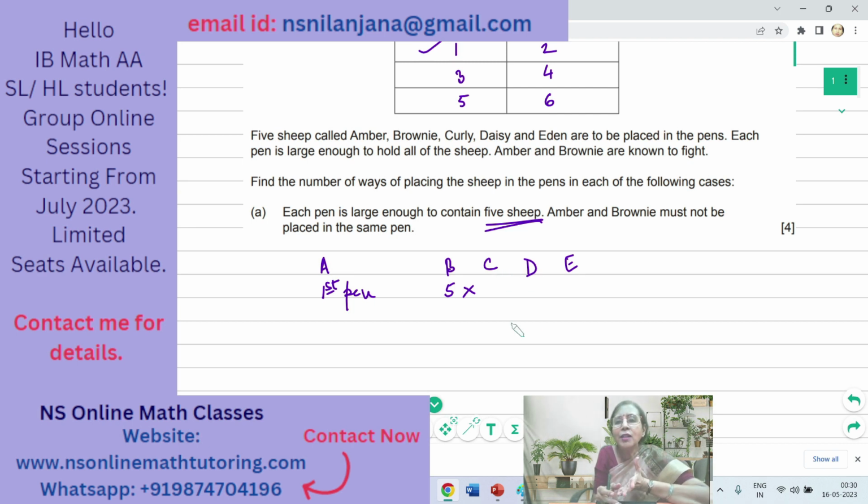Curly is having all the 6 pens available because each pen is large enough to contain all the sheep. Same for Daisy and Eden. They are having all 6 pens to select from. So the total will be 5 times 6 to the power of 3.